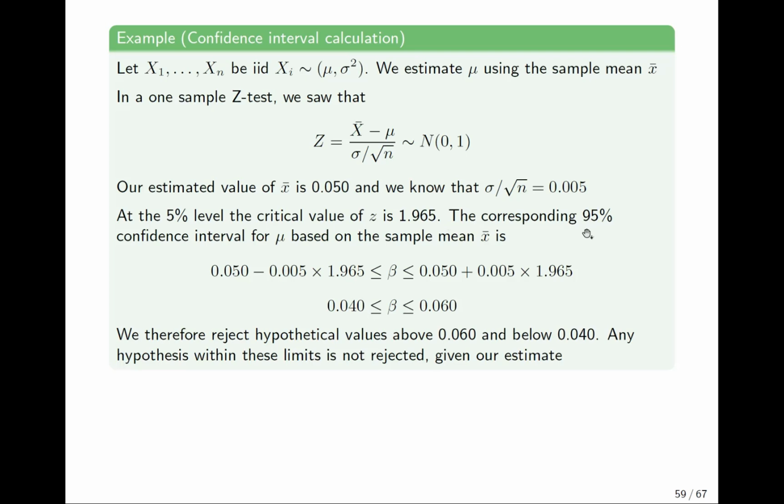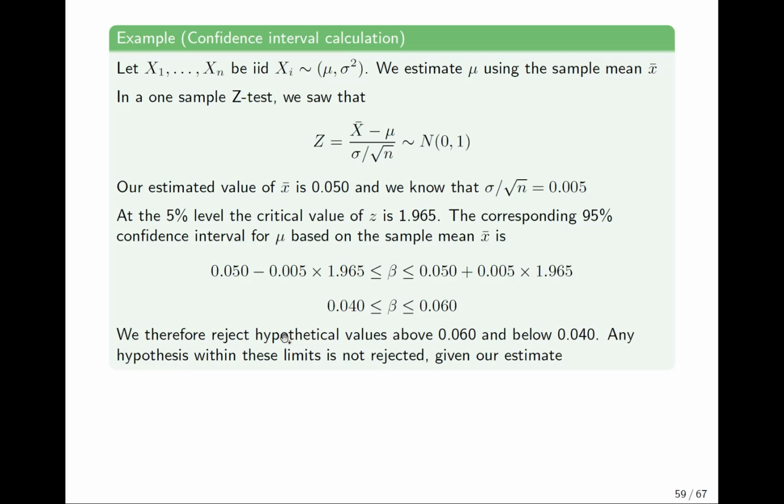Then the corresponding 95% confidence interval for mu based on the sample mean, we just calculate using this expression: our estimate minus 0.05 times the critical value of z, is less than or equal to mu, less than or equal to 0.50 plus 0.05 times the critical value. And this gives us our confidence interval, as simple as that.